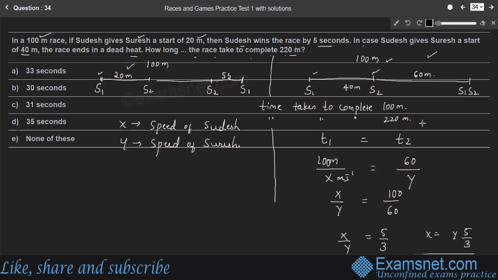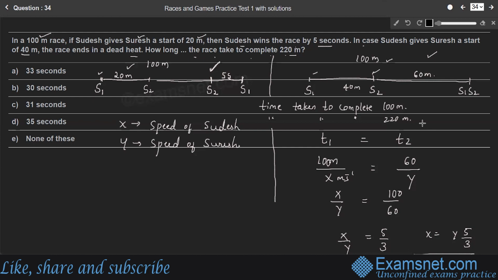Considering this relation, now come back to the first situation, where a 20 meter start was given to Suresh. Here again we'll consider the time taken by Sudesh and Suresh. Here Suresh will be here, that means Suresh doesn't reach the destination.